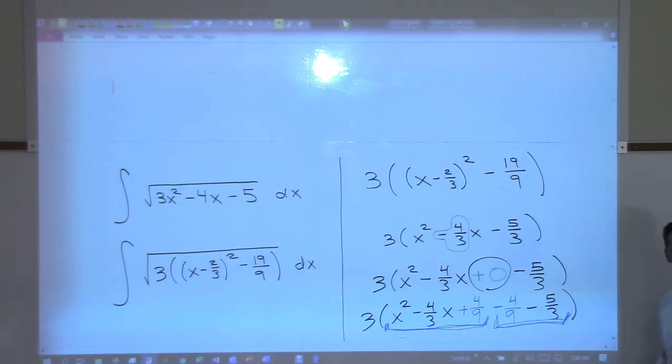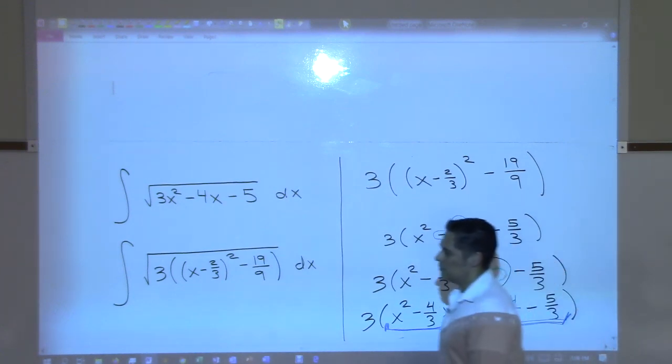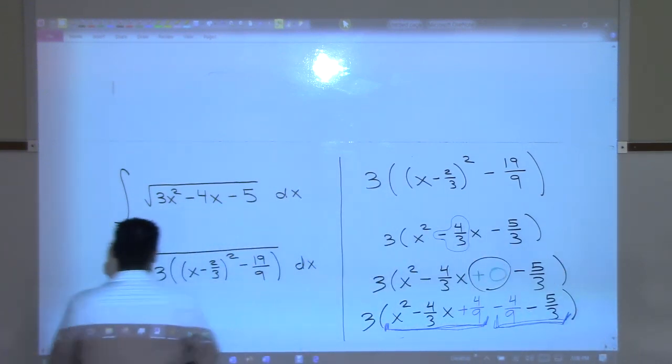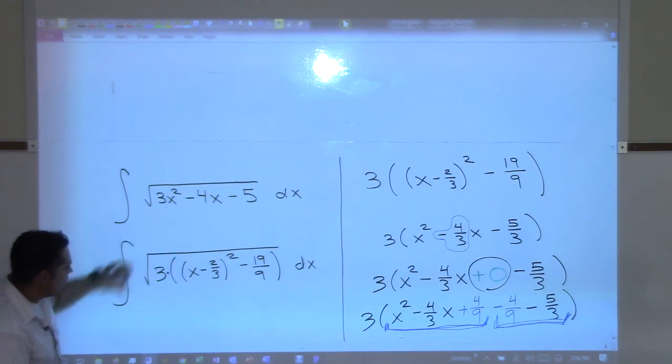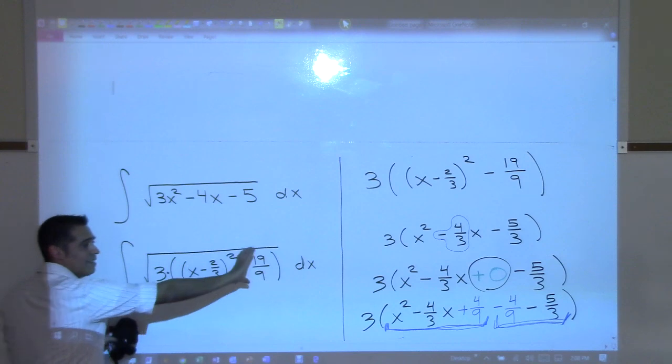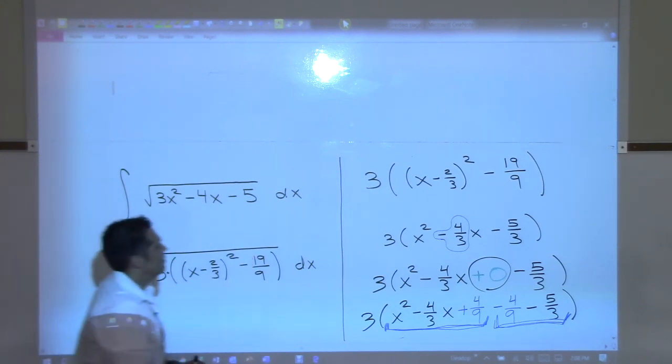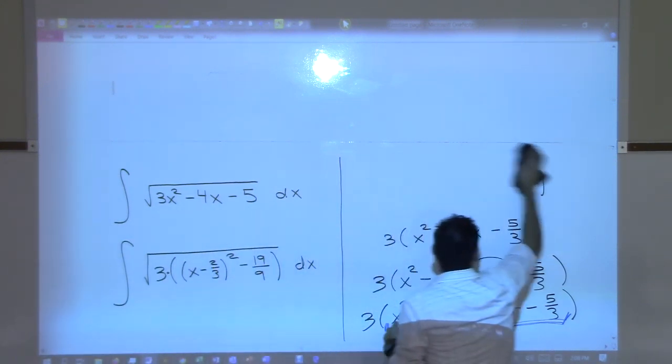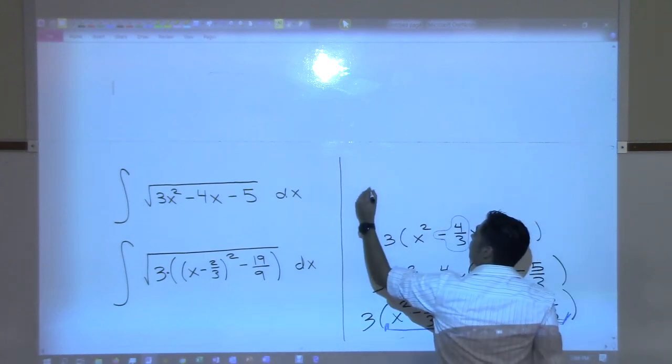Now you see that 3 out there that we factored out? Can we take it out of the root? It's going to come out as a root 3. Because we have multiplication here, we can do the root of the 3 by itself times the root of that stuff by itself. But the root 3 that's by itself, I'm going to just bring it out of the whole integral.